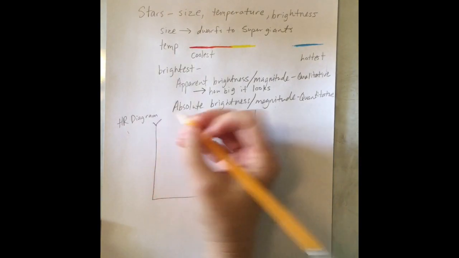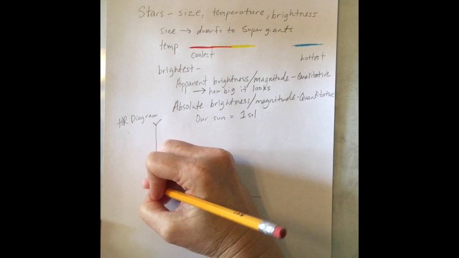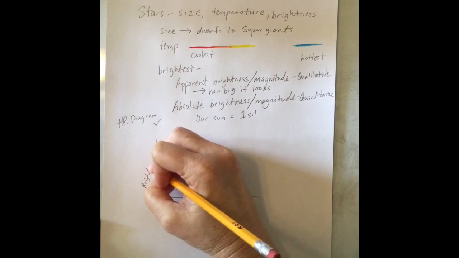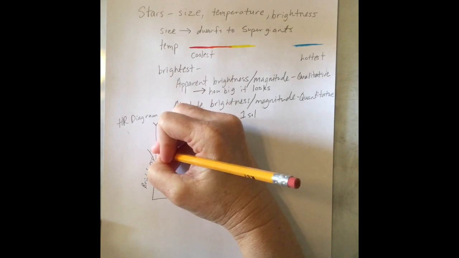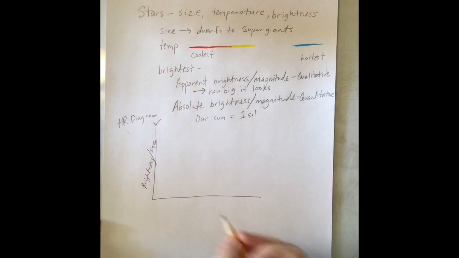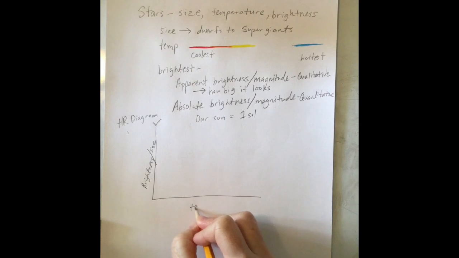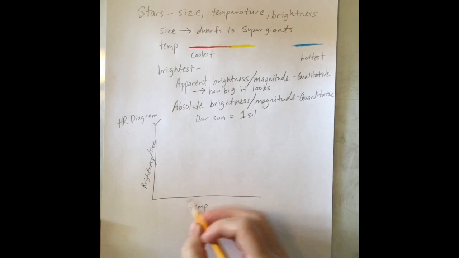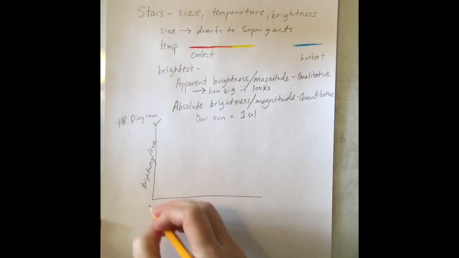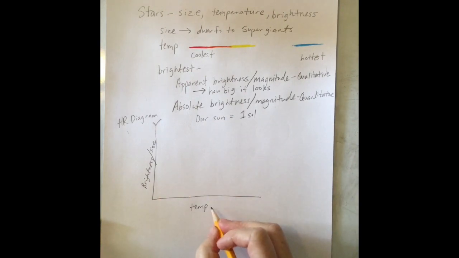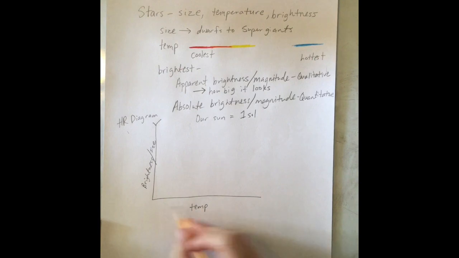On the y-axis of an HR diagram, you can have your brightness, or since brightness and magnitude are directly related, you could also have your size here. On your x-axis, sometimes they'll put color, and sometimes they'll put temperature, but those are directly related. So either way, you have the same information.